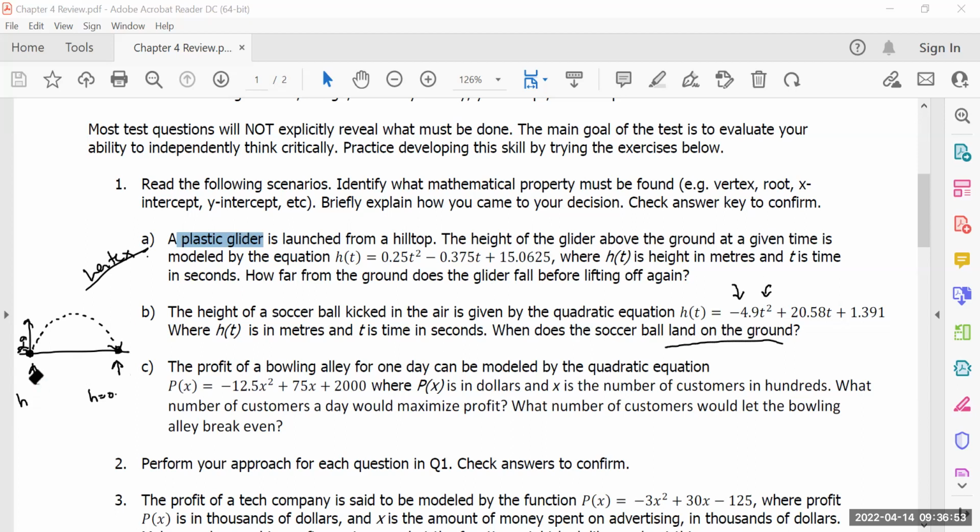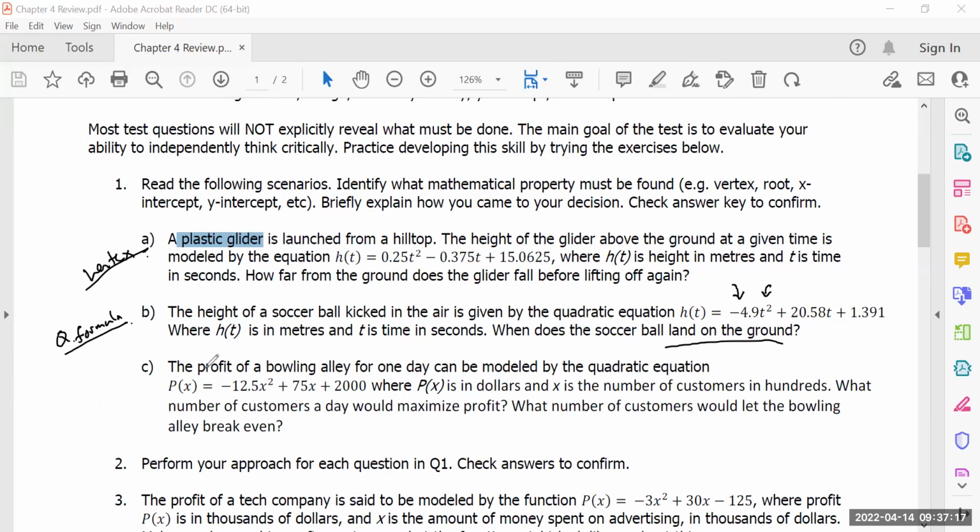With that said, I'm assuming you understand it's going to be this one because you have to pick it before it lands on the ground. This question is looking for the x-intercepts. In other words, if you want to solve this question, you're probably going to need the quadratic formula. And we'll do that in a second.